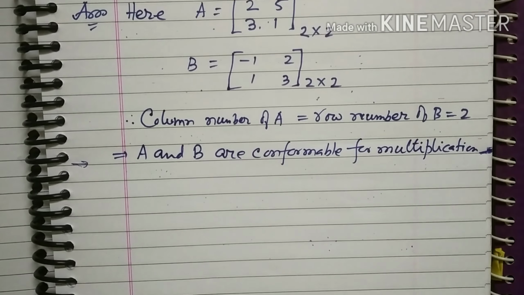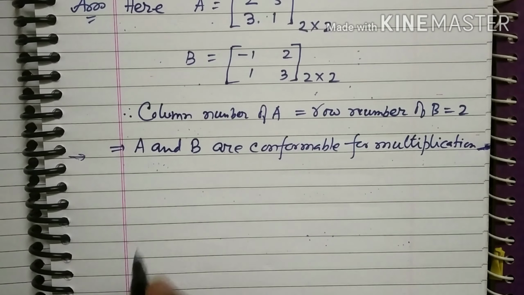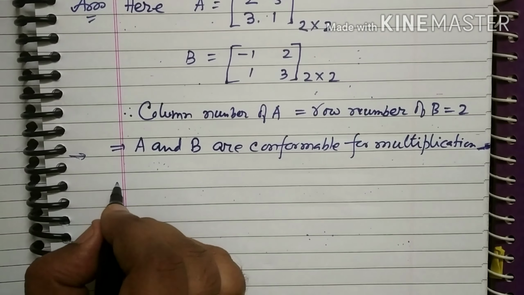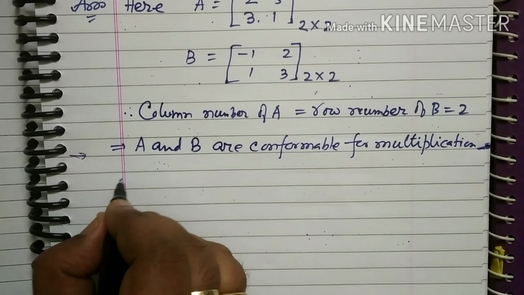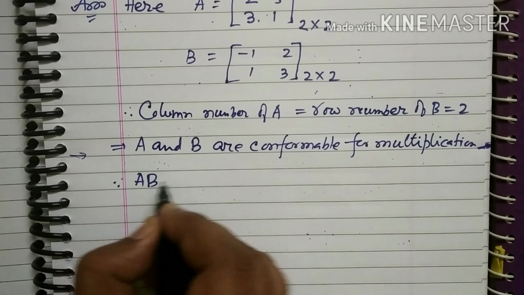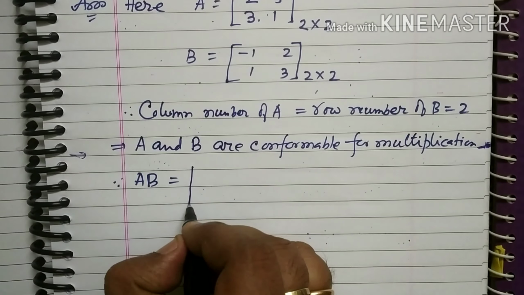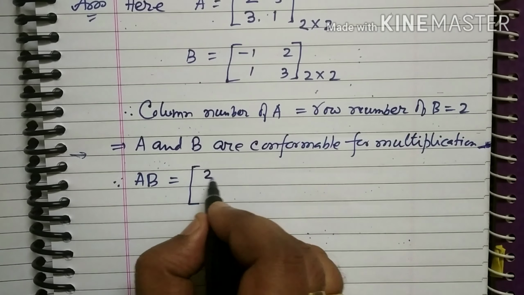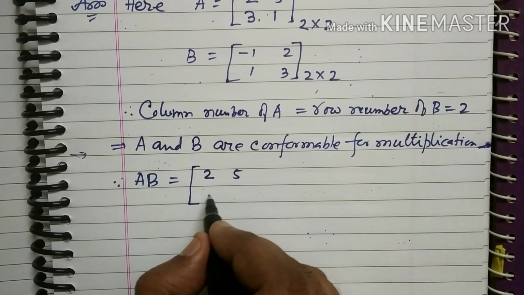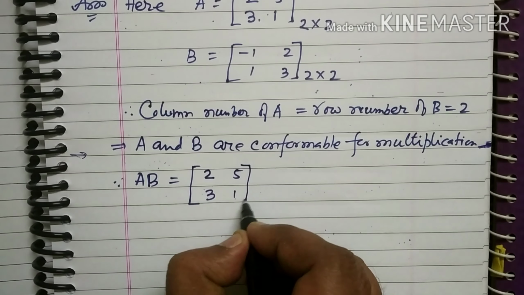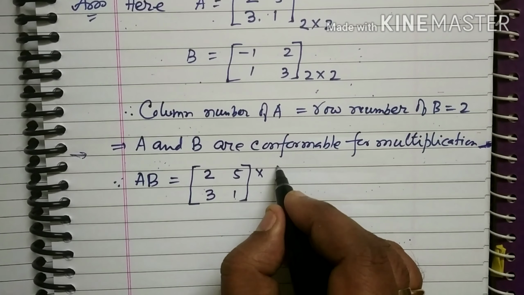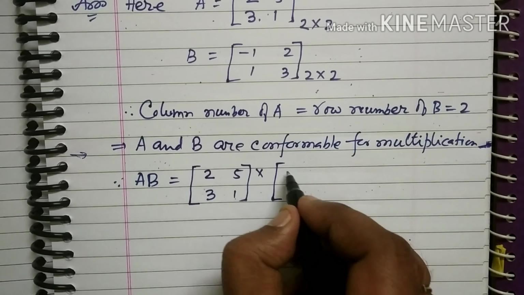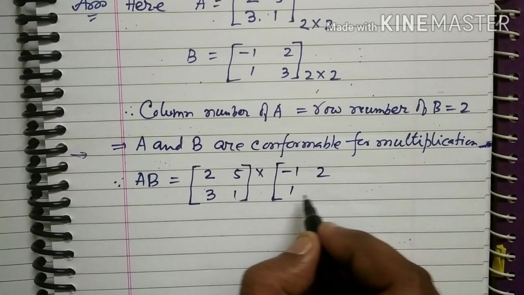Okay, now calculate AB. Therefore AB is equal to 2 5, 3 1, into minus 1 2, 1 3.